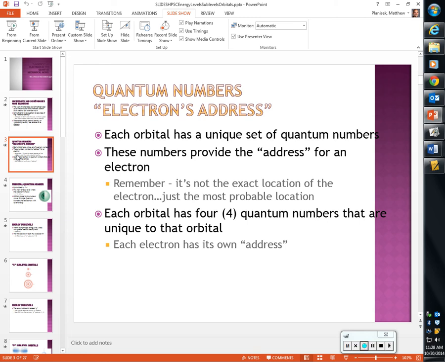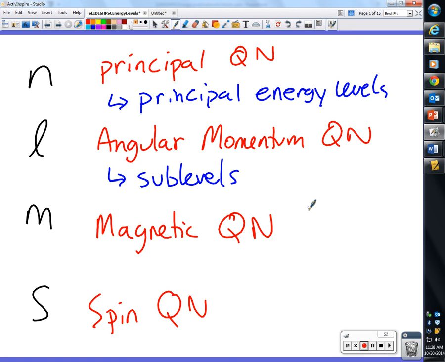How do we distinguish all of these orbitals from each other? We discussed that there are 4 quantum numbers, which we represent with N, L, M, and S, and each orbital that shows up on the drawing we drew yesterday has a unique combination of these 4 things that distinguishes it from all of the other orbitals.